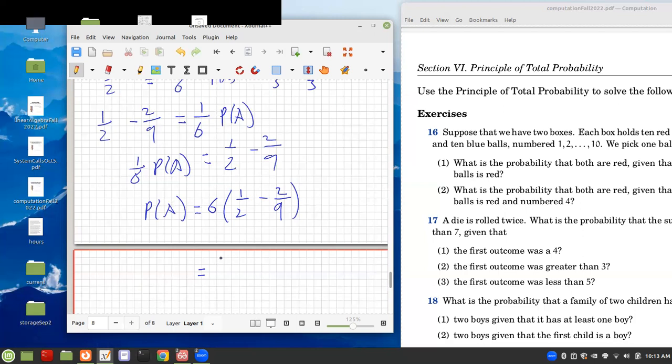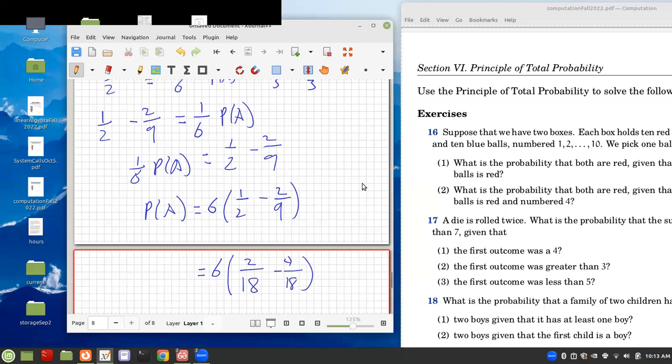Well, let's see if we've made sense of this. We have to make this a common denominator: 2 times 9 is 18, minus 4/18.